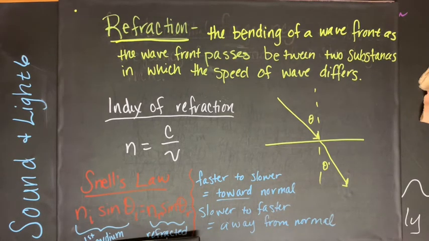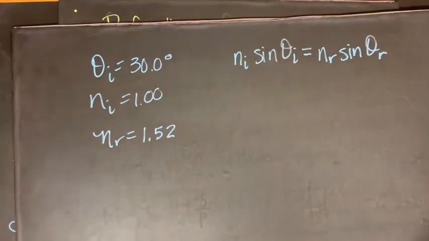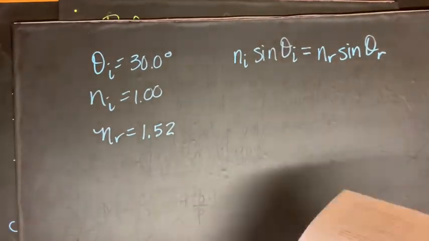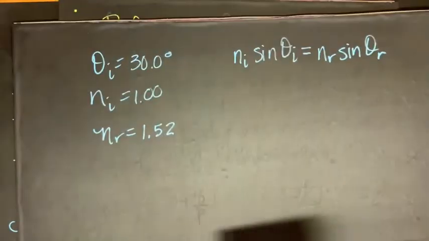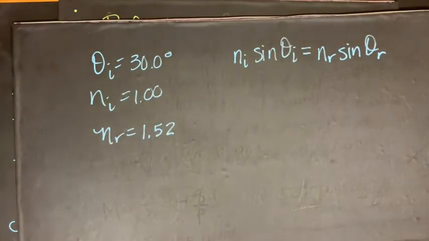So example number 2. Now on this page I have included some indices of refraction so that you can just find them there on your page. A light ray of wavelength 589 nanometers produced by a sodium lamp, all of that is extraneous information, traveling through air is important, strikes a smooth flat slab of crown glass at an angle of 30 degrees to the normal.